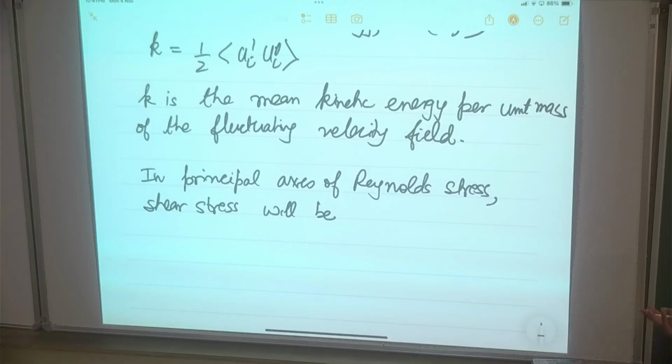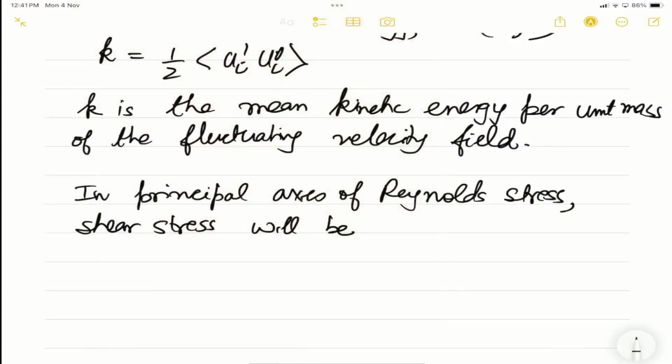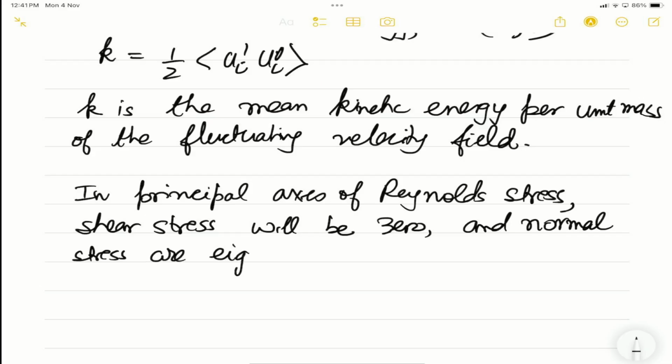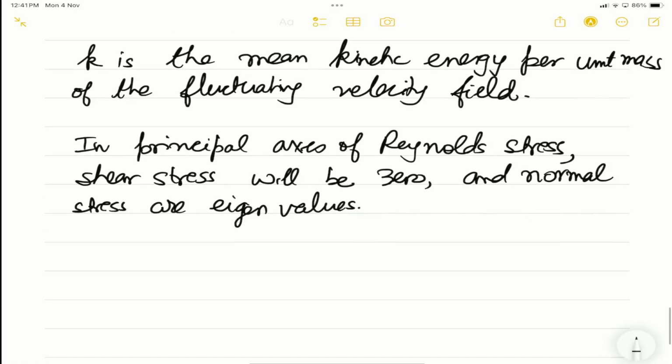If we rotate, then the values of shear stress will be zero in the principal axis, and the normal stresses in the principal axis are nothing but the eigenvalues. And these eigenvalues are non-negative.